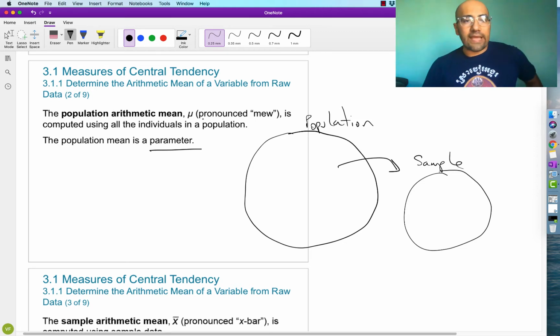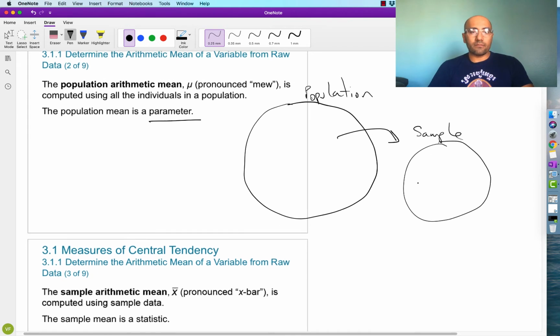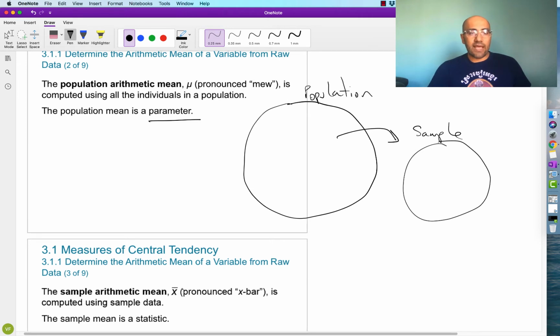It looks like a squiggly M. This little mu symbol always means the mean of a population. The mean of a sample is going to be X bar. X with a little bar on top of it, we pronounce it X bar, and it's the arithmetic mean of a sample.